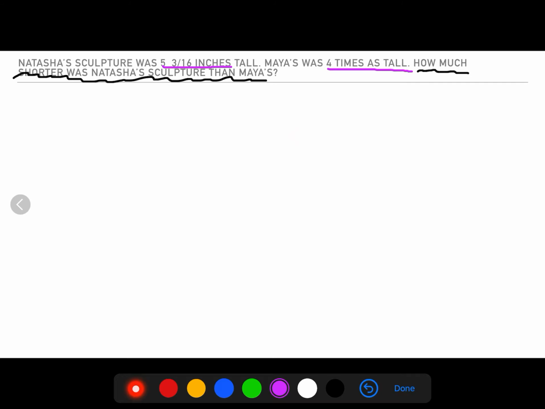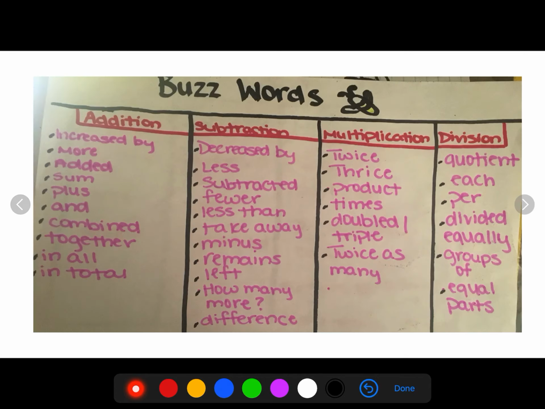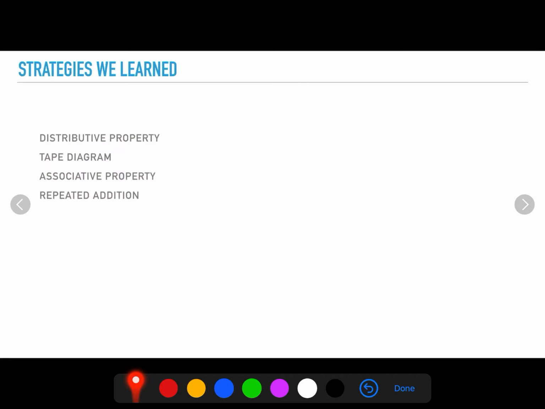Look carefully. That's right, times. What does times tell me I need to do? That's right, multiply. If I look back at my buzzwords, times is right in the multiplication category. Times means multiply.